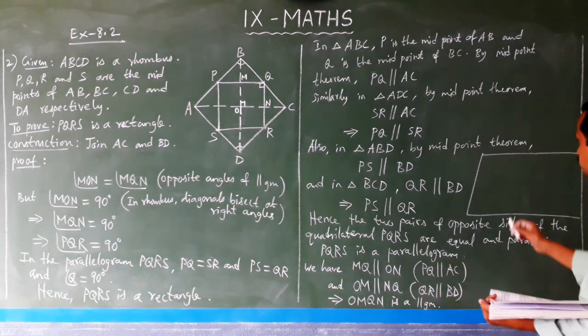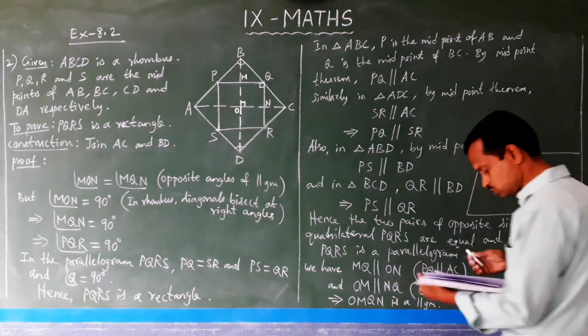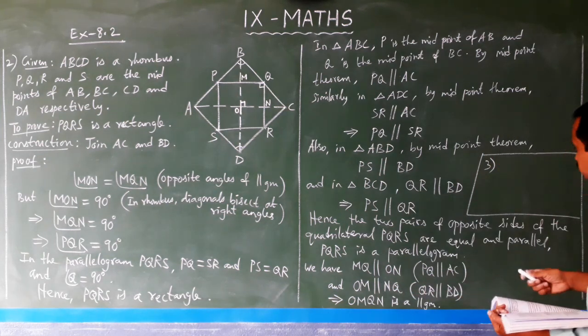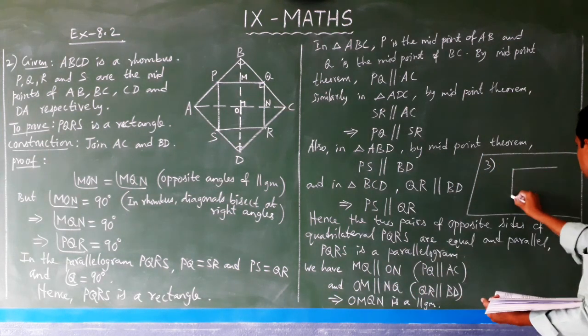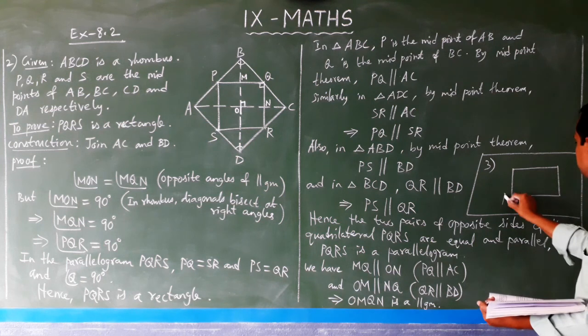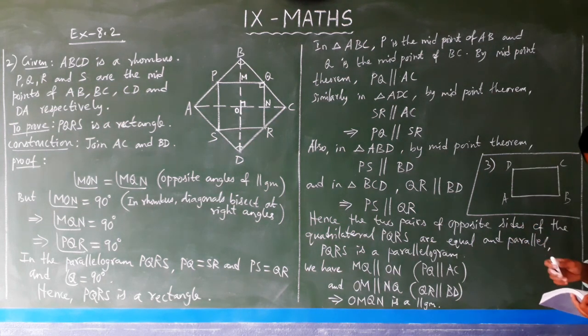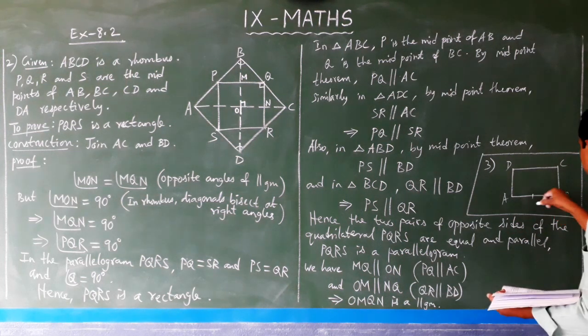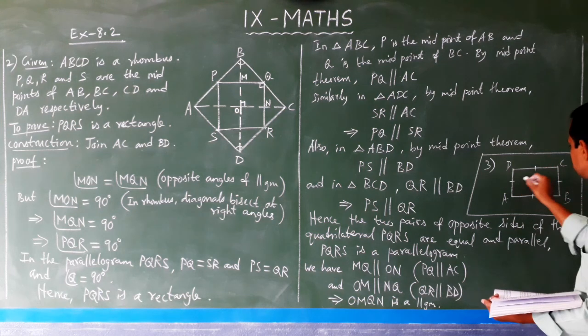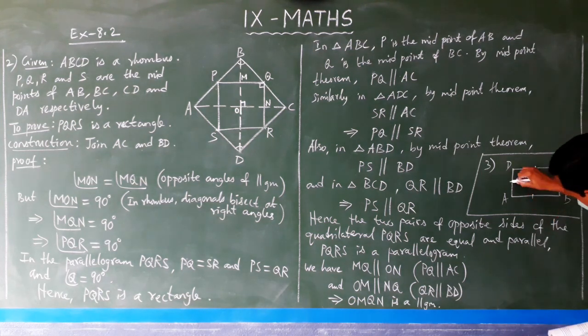You see, in question number 3, it is given that ABCD is a rectangle, and P, Q, R, S are the midpoints of the sides. You have to join PQRS. Clear?